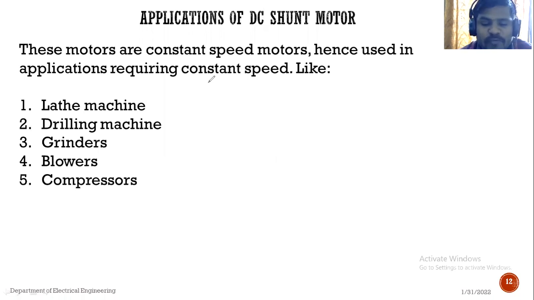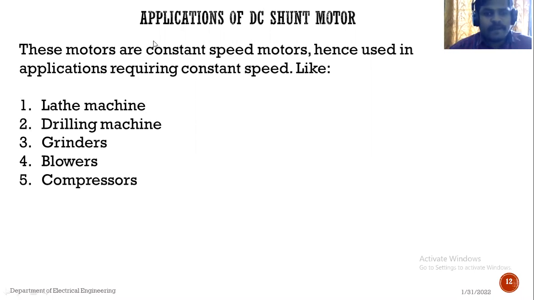Also, we are maintaining the flux of the motor constant. So DC shunt motor is generally used as a constant speed application, where we require a constant speed motor. At that situation we use these types of machine.